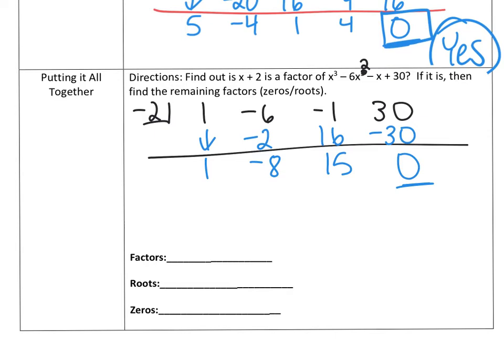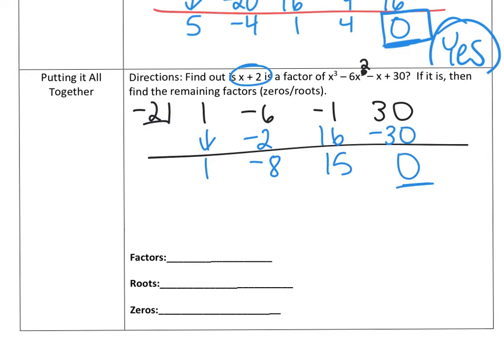Now, the next part of this question is that we need to find the remaining factors, zeros, and roots. We've dealt with this before. So we know for a fact that x plus 2 is a factor. That's what we just found out with synthetic division.